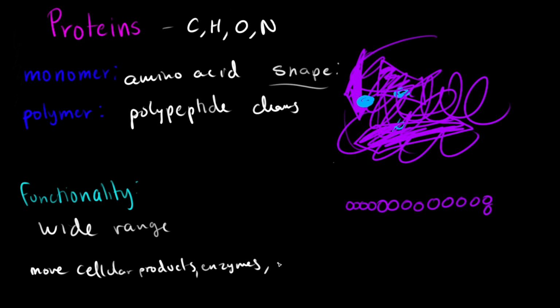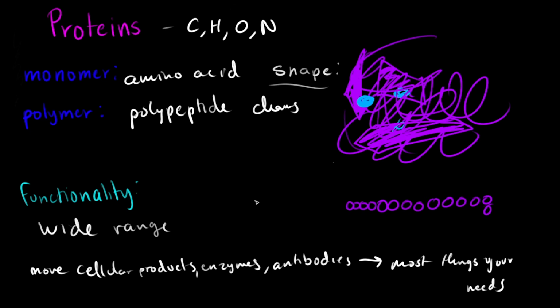They can make up antibodies, which help fight infections, and they can do so much more. The function of proteins is essentially endless. They do most things your body needs, which is why they're so complex in the first place.